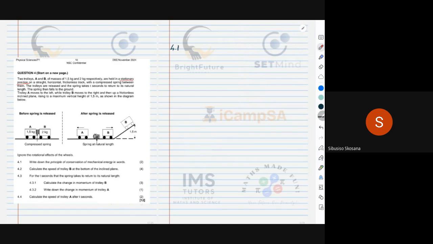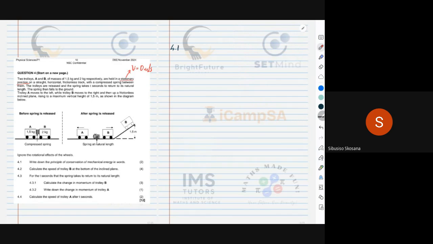So at this point V is 0 meters per second, because it's stationary. That means it's not moving.